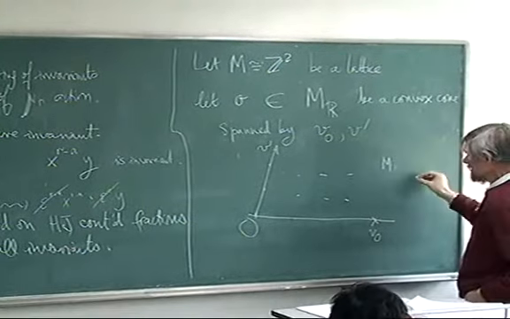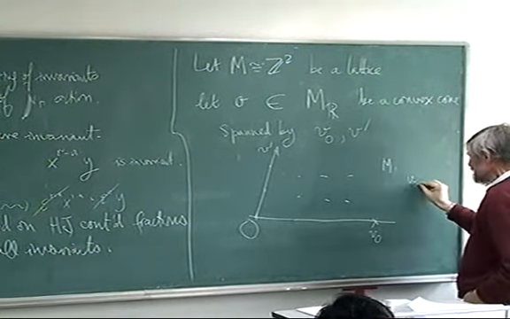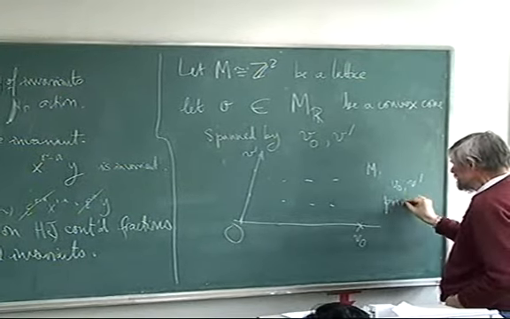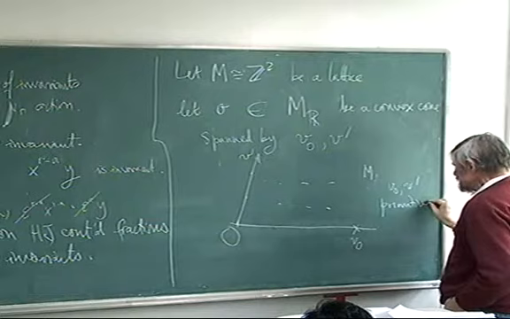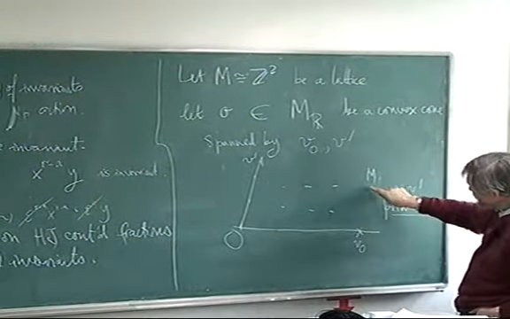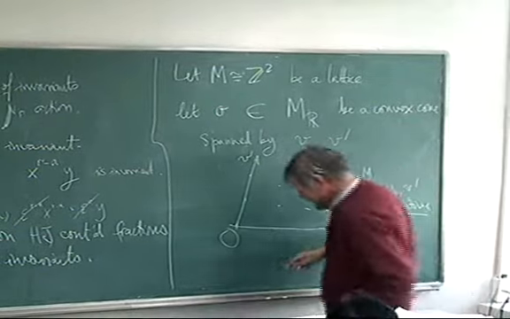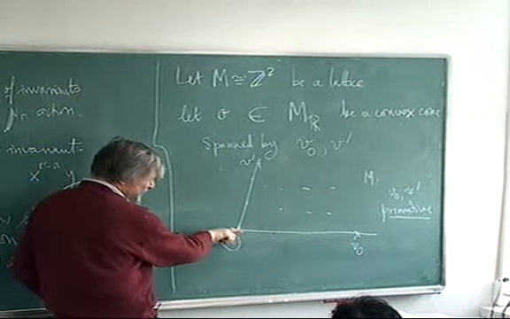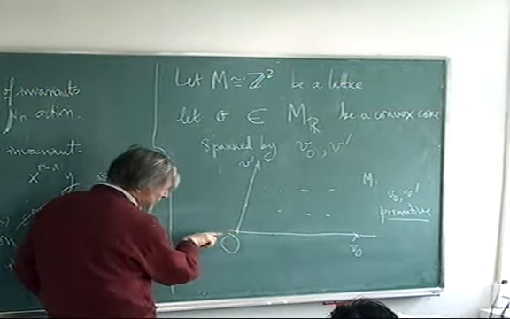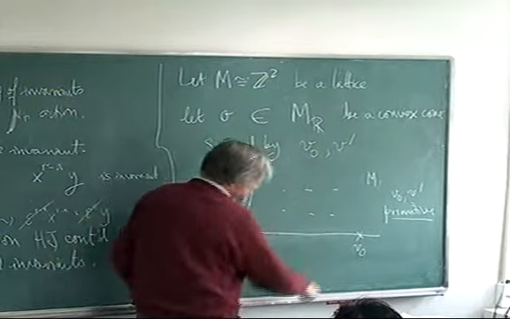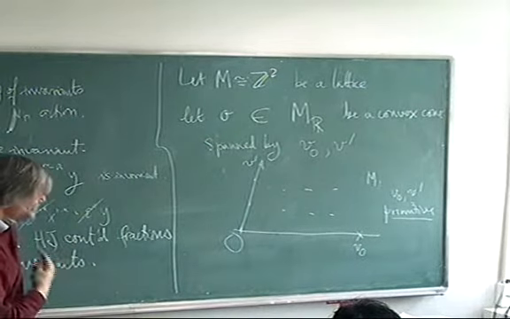So I'm assuming here that V0 and V primed are primitive. Primitive means that they're not multiples in M. You can't divide them by anything in M. So if I start off at this point 0 and head off in that direction in M_R, V0 is the first lattice point I come to.